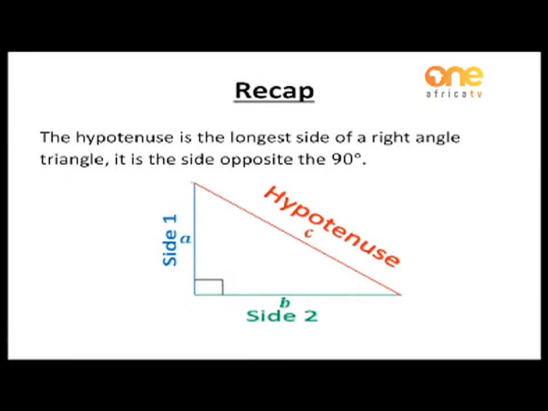Let us recap everything we've just learned. So, the hypotenuse is the longest side of a right angle triangle. It is the side opposite the 90 degrees. So if here's your 90 degrees, there's your hypotenuse.